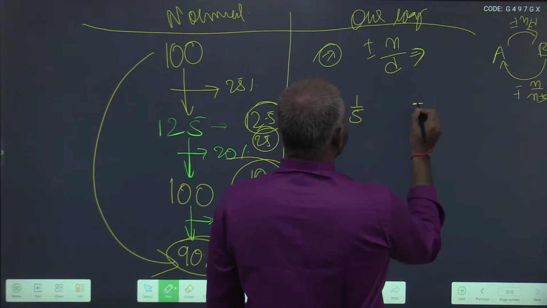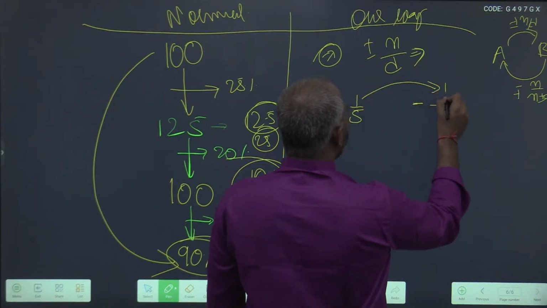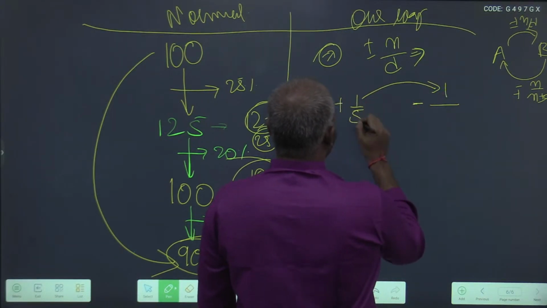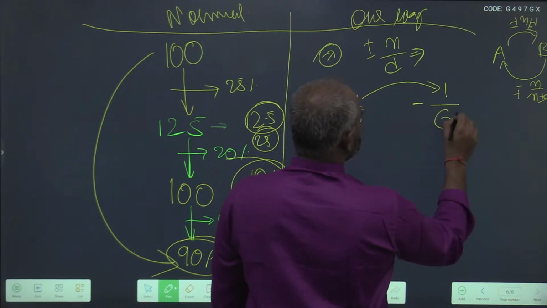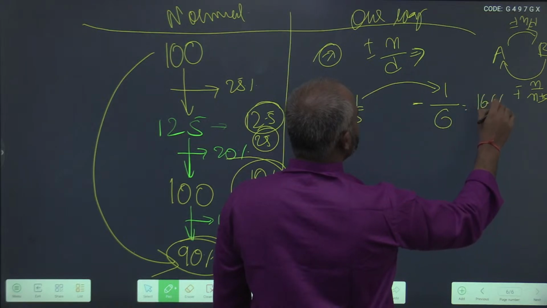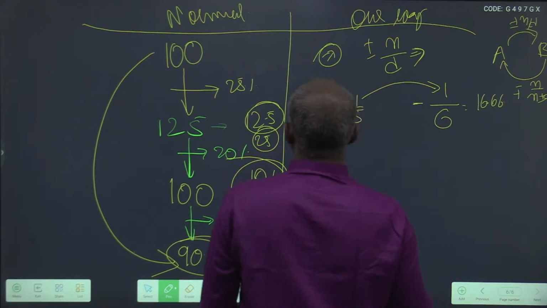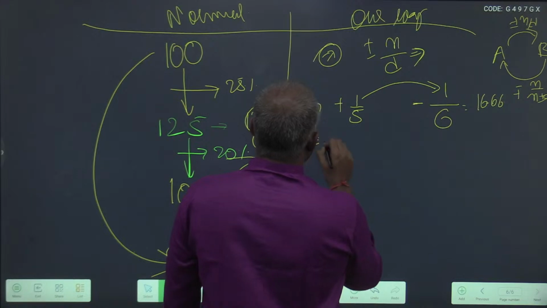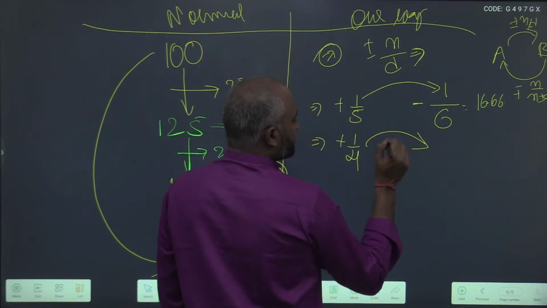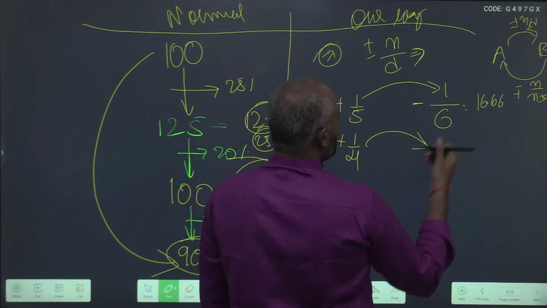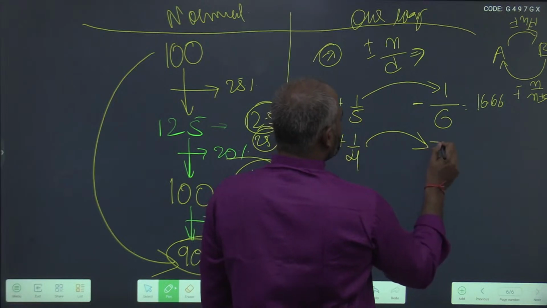Plus becomes minus, 1 will be 1, and this will go to 1 plus 5 is 6, 1 by 6 is 16.66%. Next, if the increase is 25%, 1 by 4, what will be its corresponding value? Plus becomes minus 1.